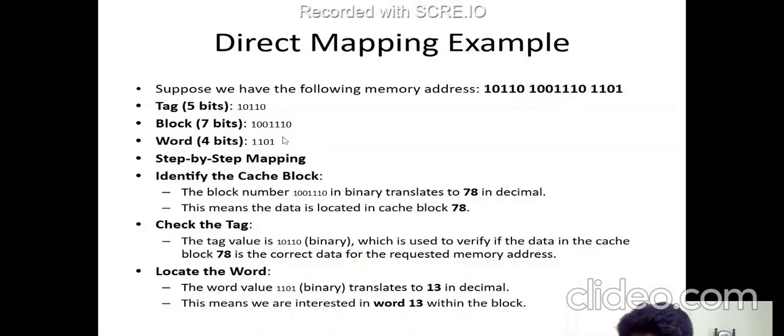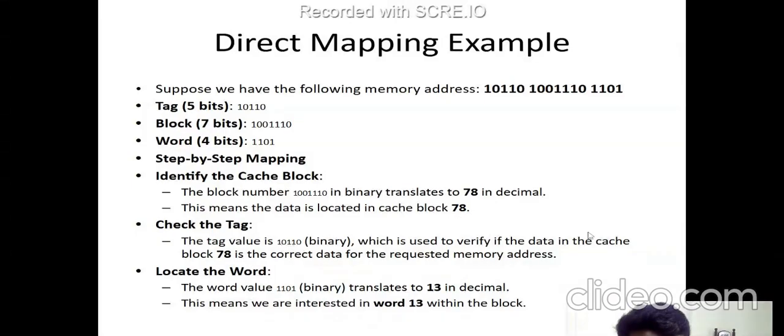First, the processor will check the block value. Suppose we have a block value of 1001110. If we convert the binary value into decimal, we get 78. This means the data is located in block or line 78. Then it will check the tag, whether the tag value is 10110.